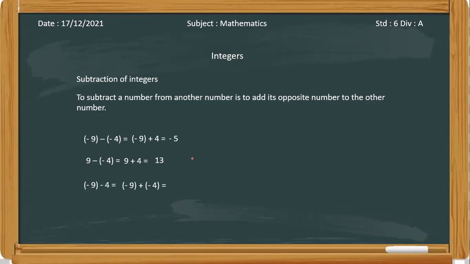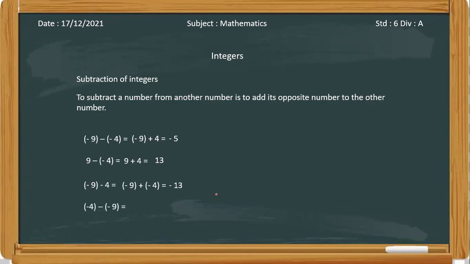Apply the addition rule. Yes, -13. Okay. Don't get confused. We have to apply the addition rule only. You just have to remember the addition rule here. I'm introducing only one subtraction rule here, in which you apply the addition rule only.